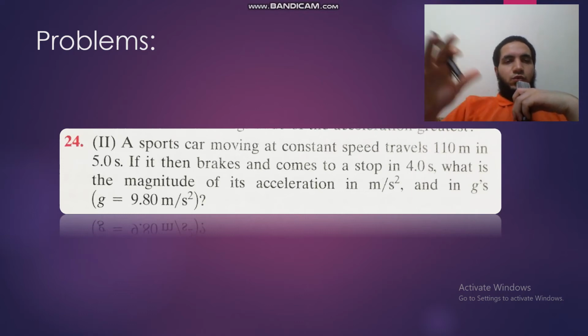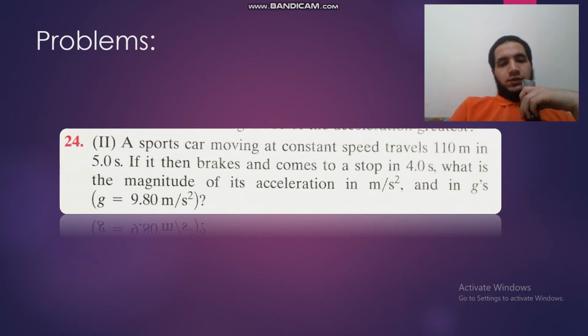And when we start the second part, because it ends in a stop, v equals 0. At this time we will see the average acceleration from v moving until it stops, and actually it will be negative because it is decelerating. So let's first begin with the first section. 110 over 5.